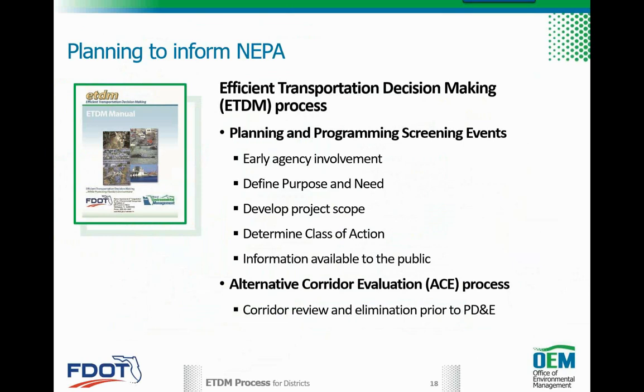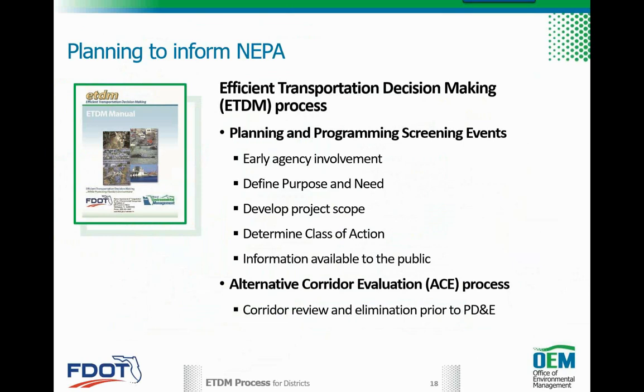Simultaneously, the information is available to the public. And then as we also go through an alternative corridor evaluation process, which I'll talk about a little bit more later, but at a high level, today, when we enter into the PD&E process, into the environmental study phase, we evaluate certainly on the federal side, for EISs, any prudent, feasible alternative that comes forward.